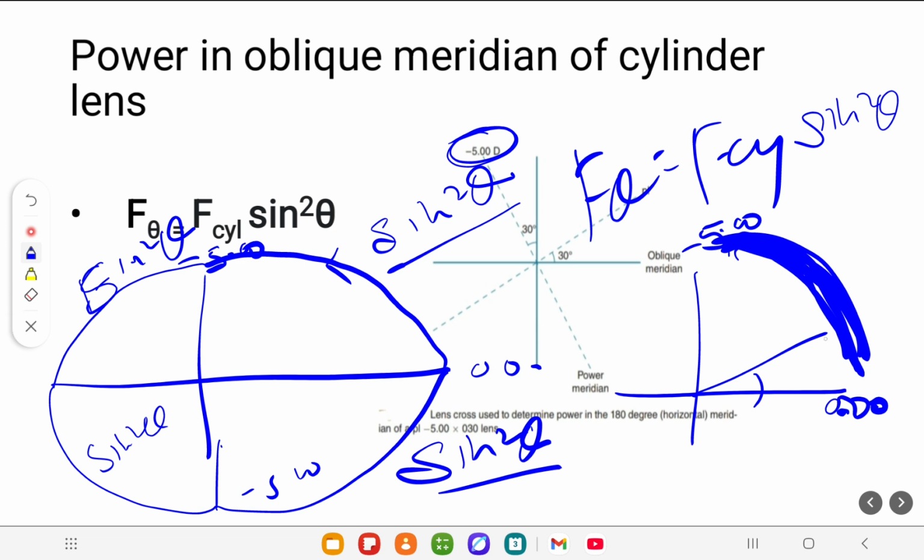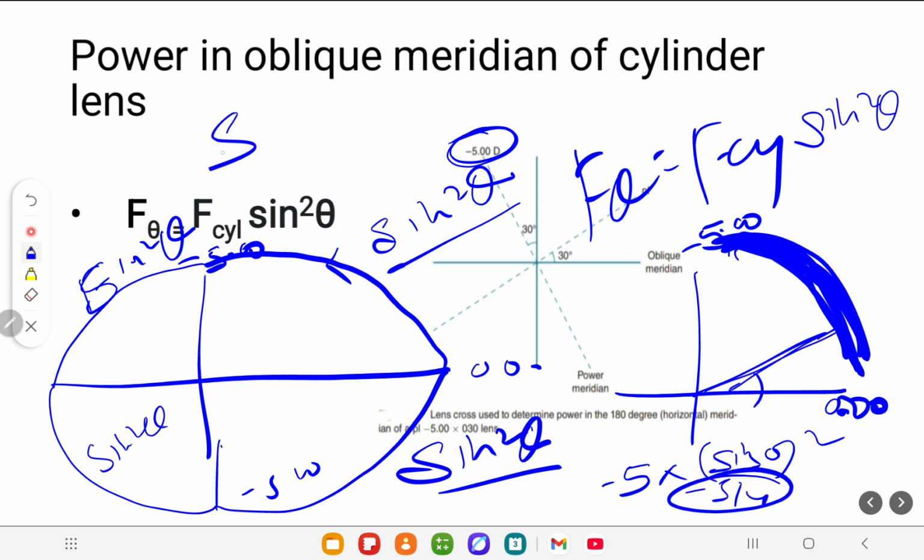What is the power at 30 degrees? It's very simple: 5 minus 5 into sine 30 whole square. Sine 30 is 1 by 2, so minus 5 by 4 is the power over there, isn't it?